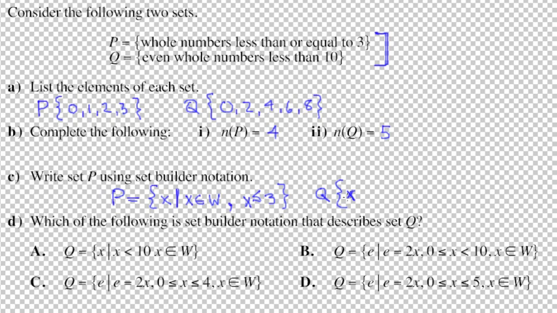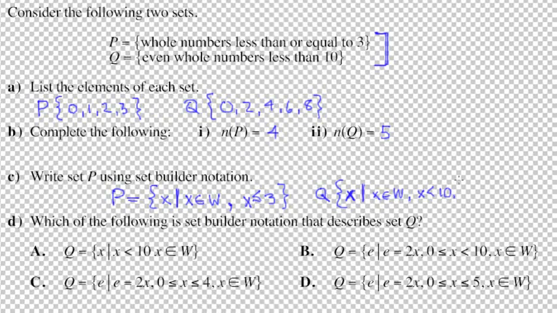Q is numbers x that meet the requirement that they're whole. So x is an element of the whole numbers, and they're less than 10, and they're even.